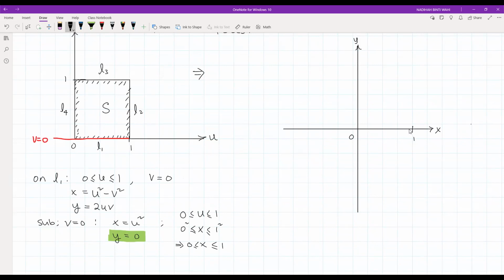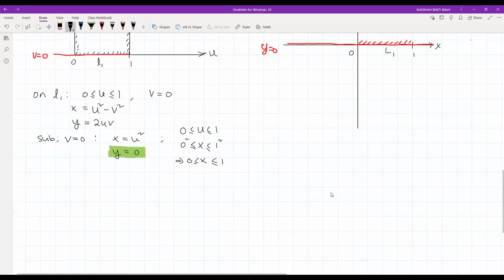So X goes from 0 to 1, and then Y is the line 0, right here. So this is Y equals 0, and X goes from 0 to 1. So this is this part. So let's try to give the label. So let's say this is L of 1. So this is the transform for L1 into L1.